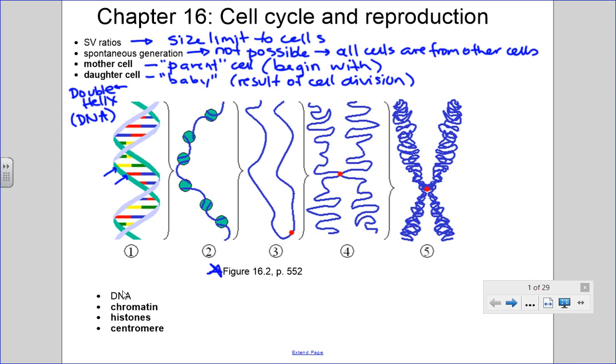The second picture is zoomed out a little bit, so we're not as close. The second picture has what we call histones. Histones are these little proteins that your DNA wraps itself around.